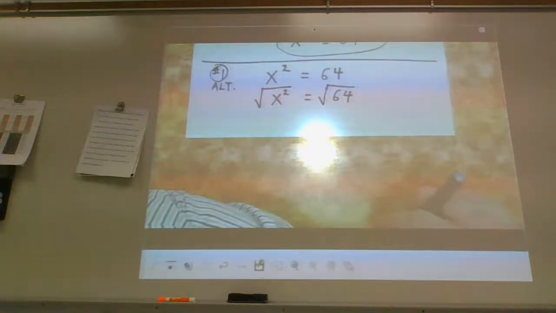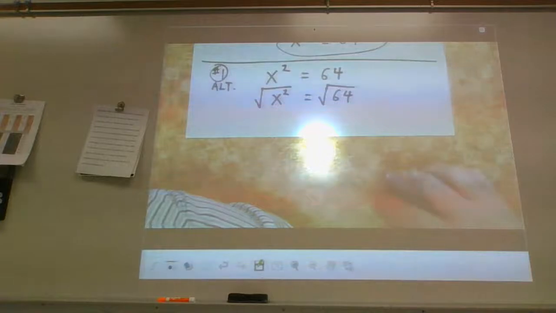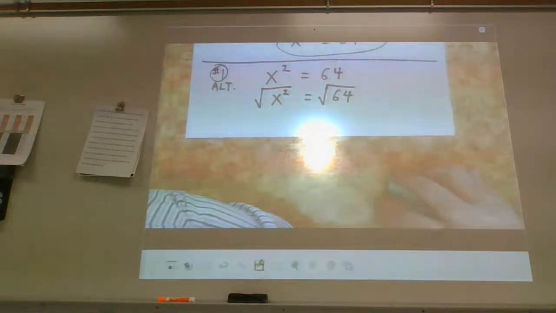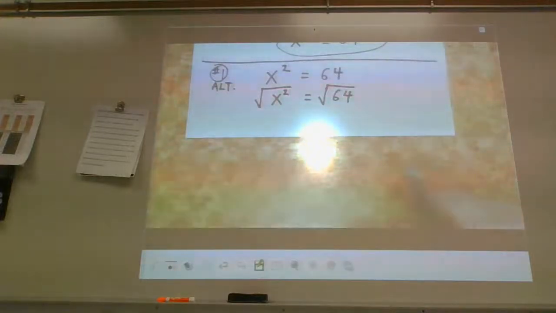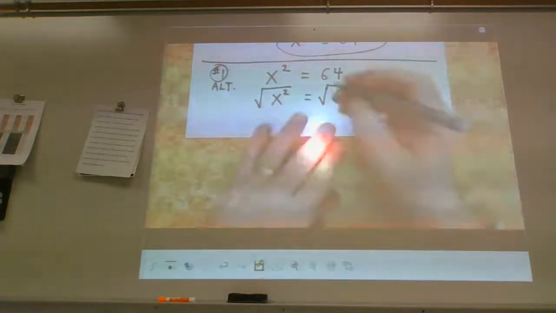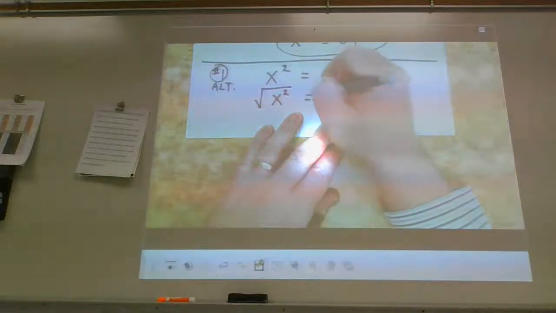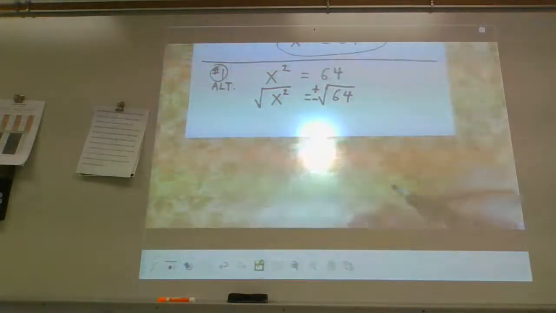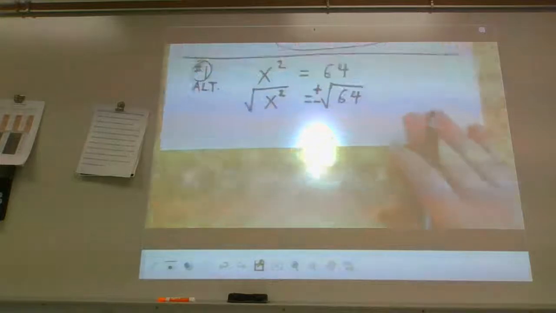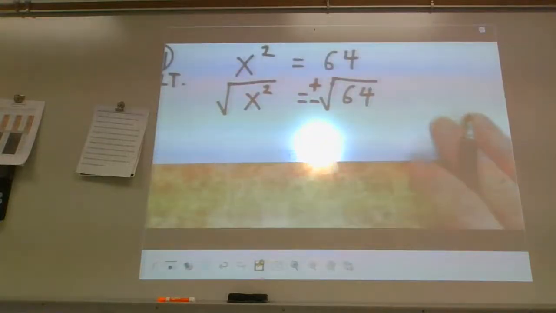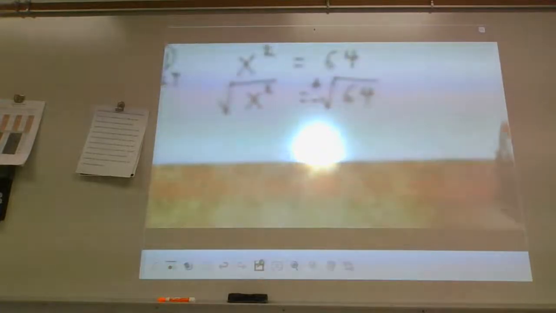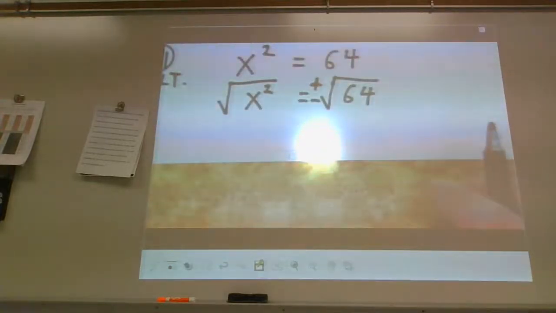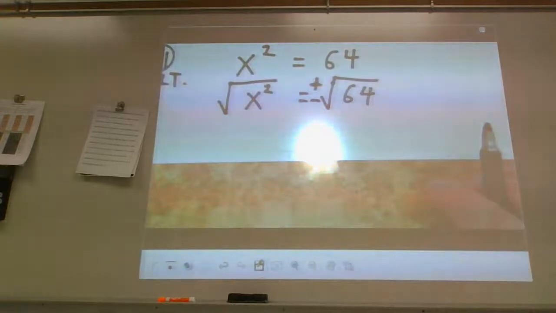I need a plus or minus. And I'll go over the rationale as to why that is in a moment. But you need a plus or minus. Where does one put the plus or minus? You're going to put that plus or minus on one side of the problem, typically the opposite side of where the variable is.